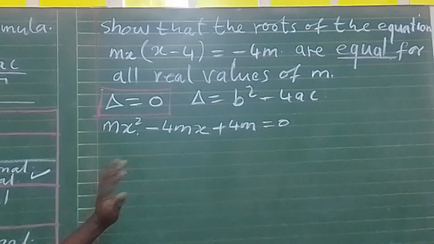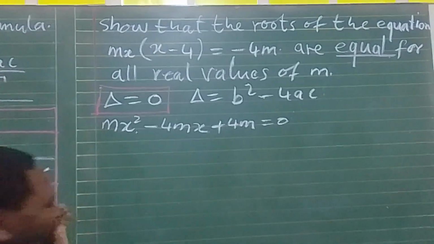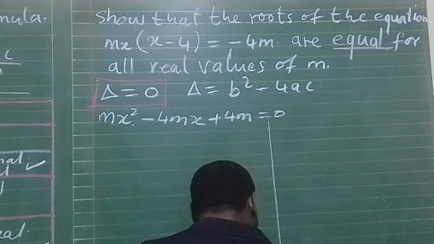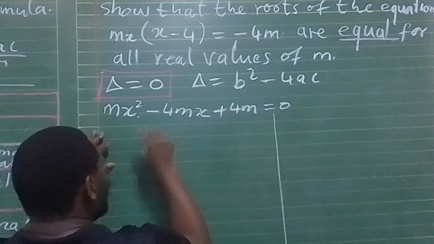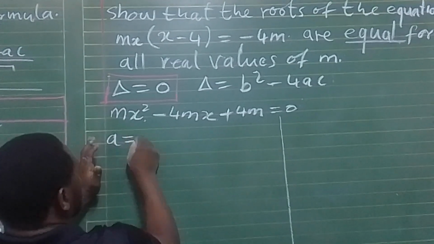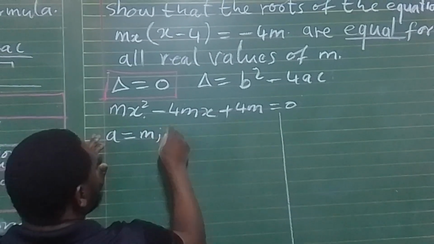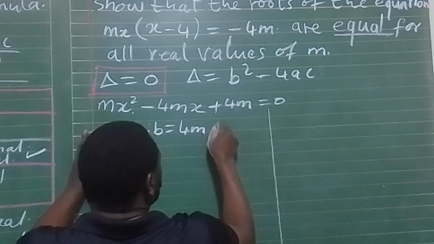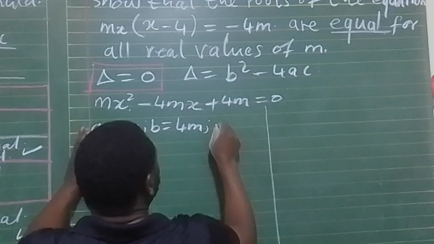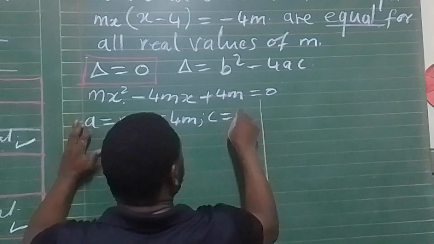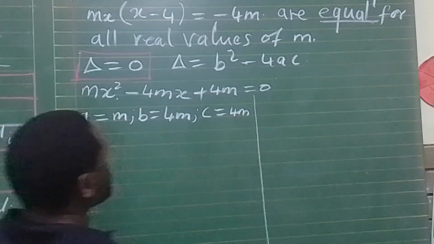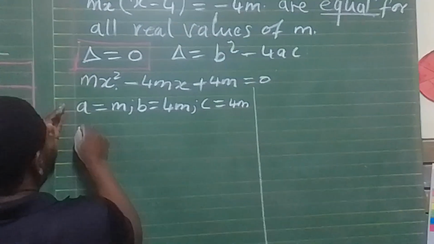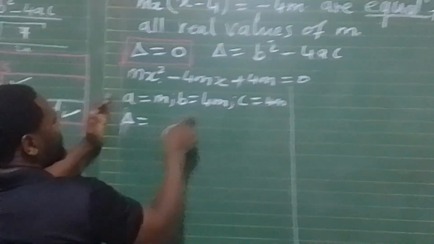It is not necessary to solve the value of m, but anyway, a is equal to m, b is equal to minus 4m, c is equal to 4m, right?